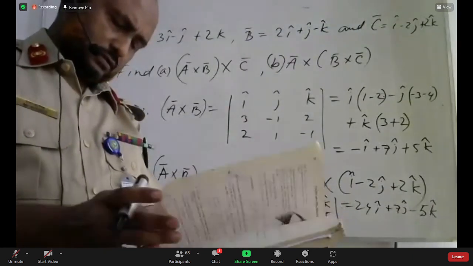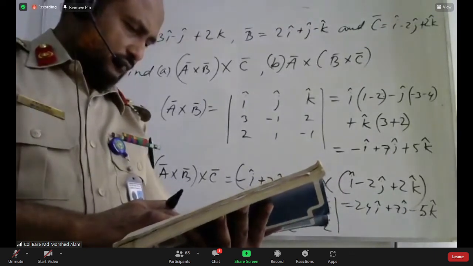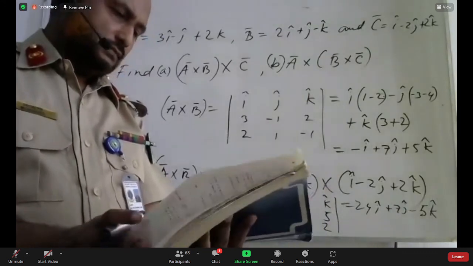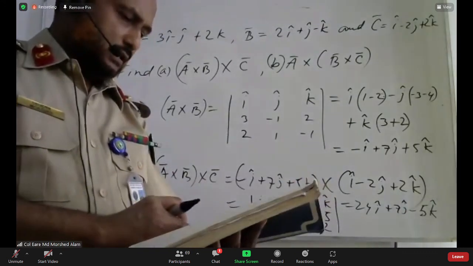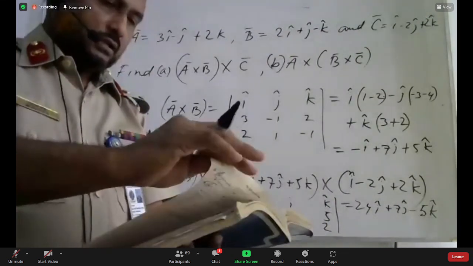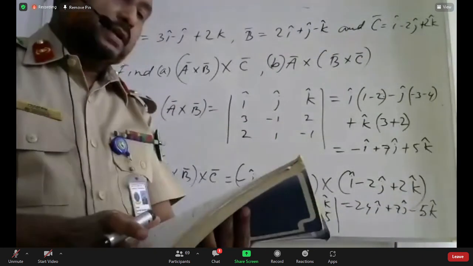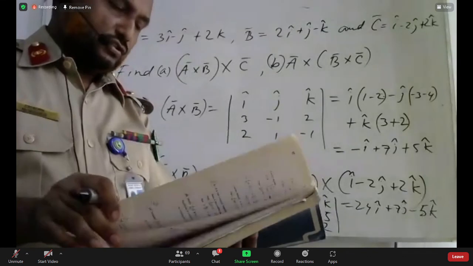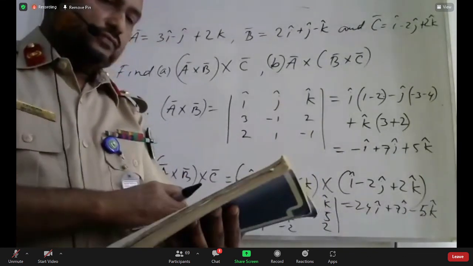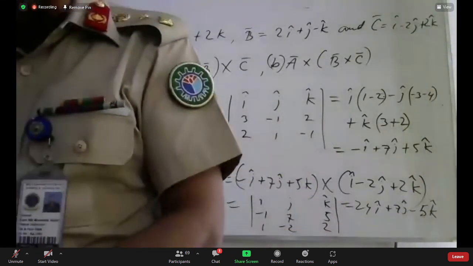Okay. And all the important problems you have to solve. You see 40, 45, 47. These all are done in the book. You solve all those, and in the next class we will go for vector differentiation. Okay. In the next class we will go for the vector differentiation. Clear? Sir, 5 minutes left.